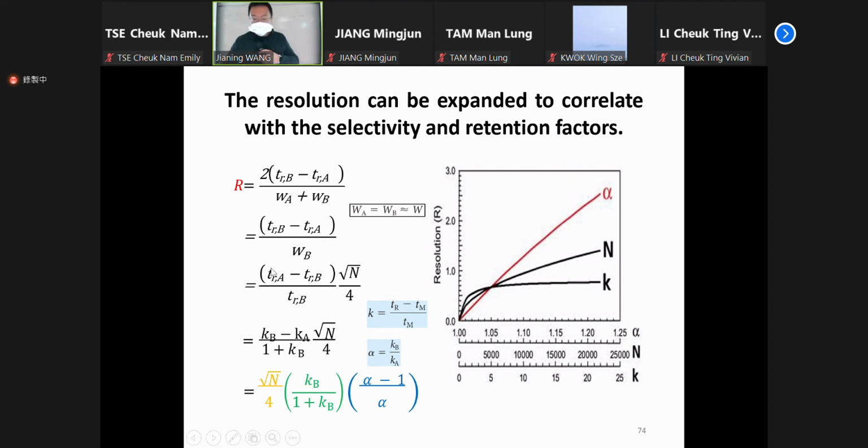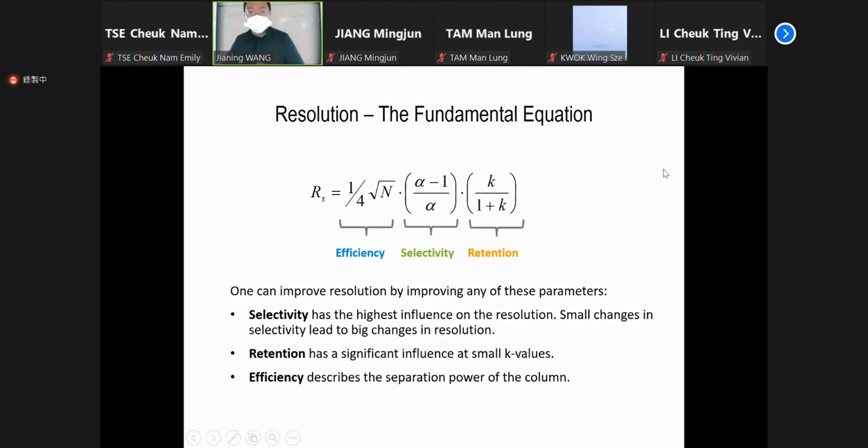Okay, let's start. So in summary, we got the fundamental equation. There are three parts that contribute to the resolution: efficiency, selectivity, and retention.